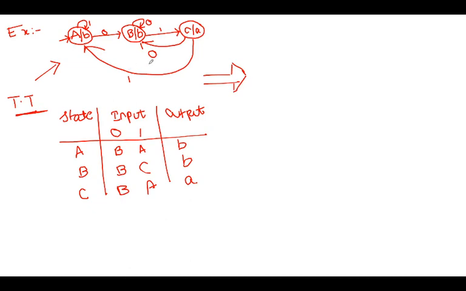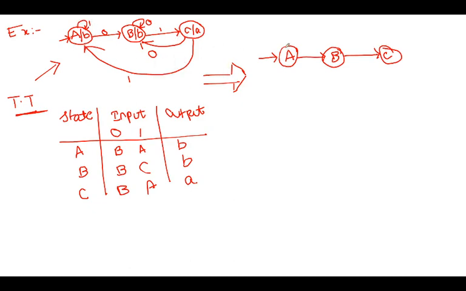First we construct a Mealy machine diagram by comparing with the Moore machine diagram. Let's draw the states as they are in the Moore machine: A, B state, then C state. Now we have to add the input and output symbols.